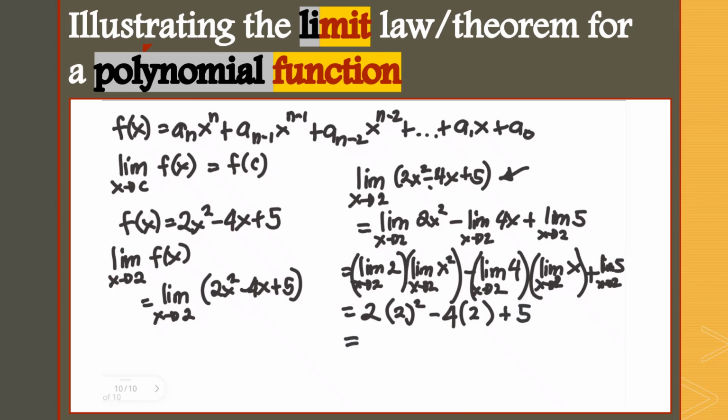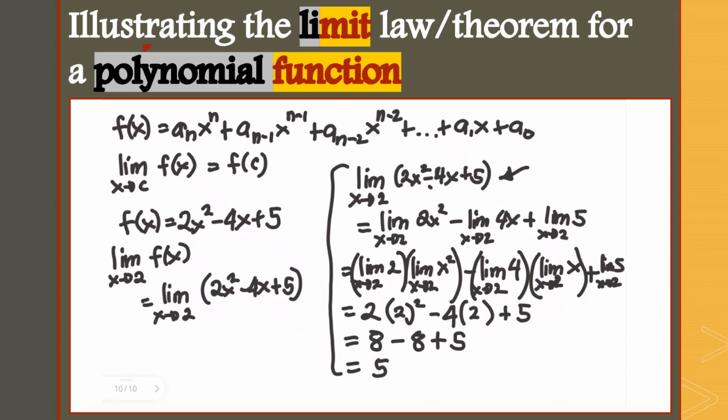So using the previous limit theorems, you will have here 2 squared is 4 times 2, that's 8, minus 4 times 2 is 8, plus 5, and the result is 5. This is by using the other limit theorems. Of course, if you're going to use that, then it's very lengthy.